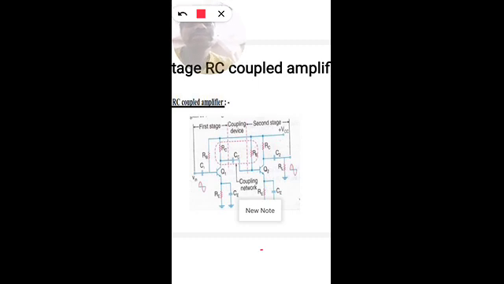Since we are fixing IB constant, VB is also constant. VBB is constant. VB, the voltage at the base point, is going to be constant.